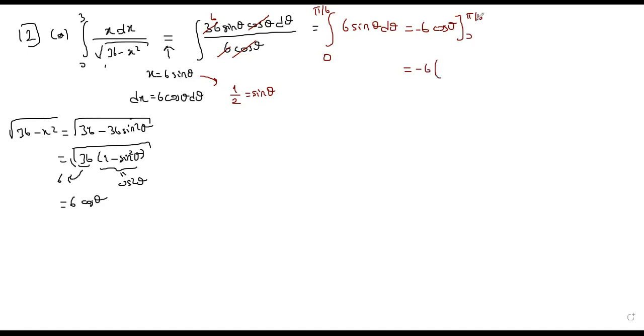Then what do we have? Cosine pi over 6 is equal to square root of 3 over 2. Cosine 0 is equal to 1. So if you distribute that, you will get 3 square root of 3 plus 6, right?